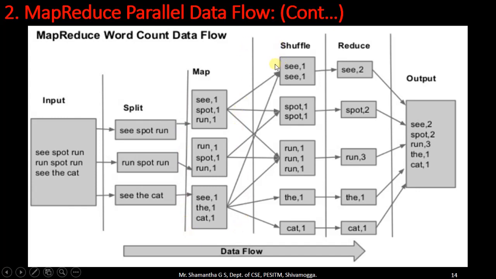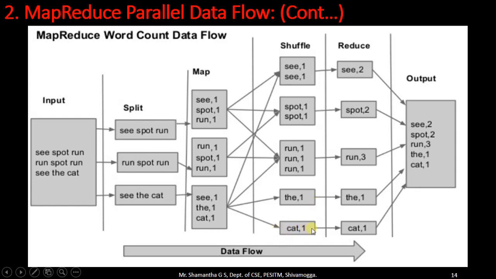In the shuffle phase, individual words from all the mappers will be collected. For example, we consider all the mappers in the mapping phase to collect the individual words. All the C words will come into this block. Similarly, all the spot words will come into this block. All the run words will come into this block. All the the words will come into this block.